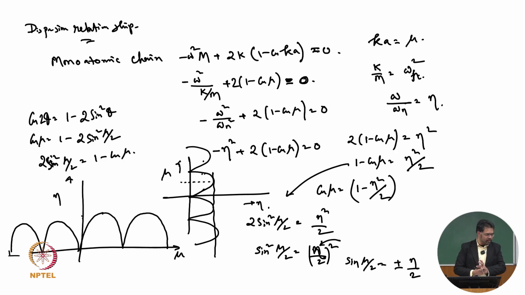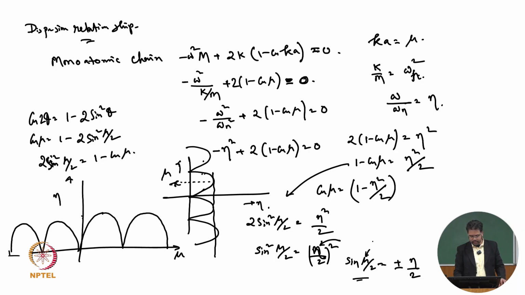Exactly. So if it is reaching 1, what should be the value of mu? sin(mu/2) is equal to sin(pi/2). So what should be mu? Pi. So this value is pi. And what should be the value of eta? Think.